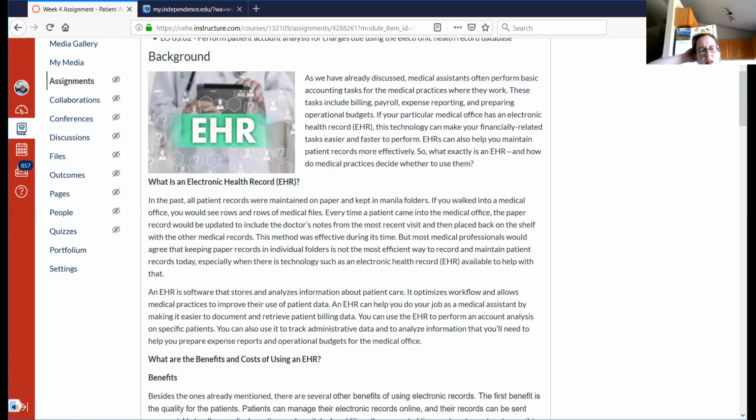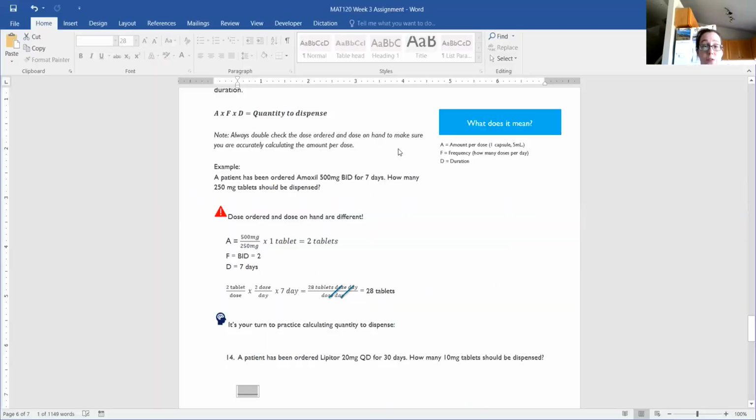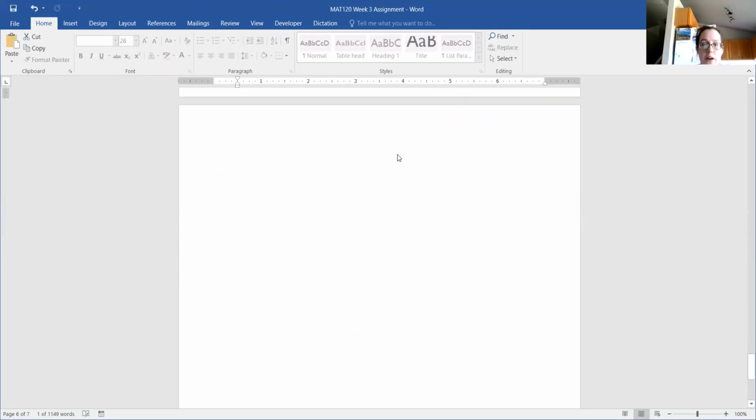Hey, Mike, I'm just finishing up a couple problems on the week 3 assignment, and it was regarding calculating quantity to dispense. It's down at the bottom on the week 3 assignment. When they say a patient should take something every 4 hours, that's 4 hours within a 24-hour period, correct?